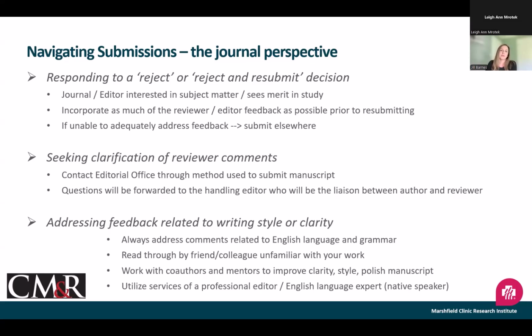And some of that is for transparency, so that all of that communication is on record at the journal, and so that they can monitor it to make sure that all manuscripts are being treated fairly. So it is in the interest of the author to communicate in that style, whether it be questions, concerns about reviewer comments, or just clarifications on some of the logistics of the submission.